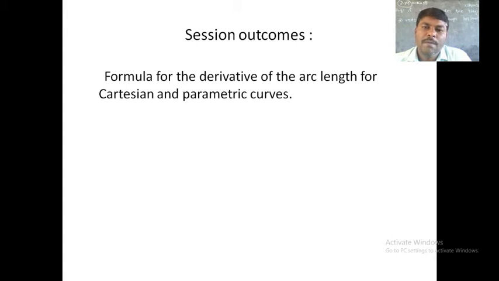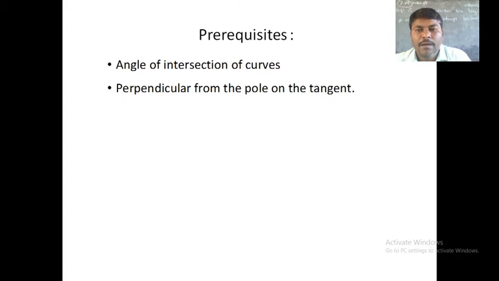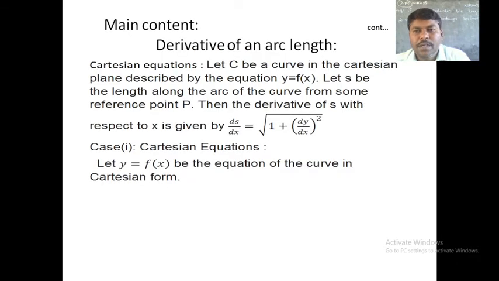Session outcomes: formula for the derivative of the arc length for Cartesian and parametric curves. Prerequisites: angle of intersection of curves, perpendicular from the pole on the tangent. The main content of this session is the derivative of an arc length.